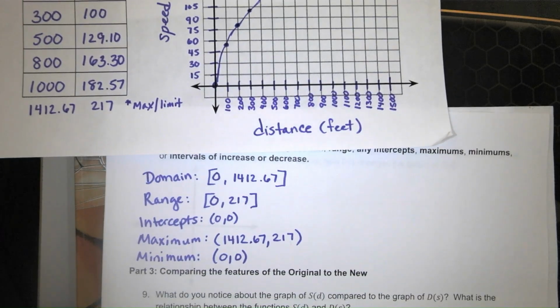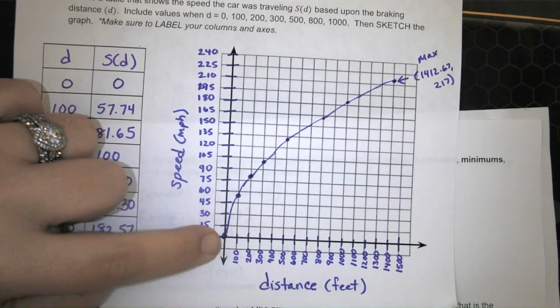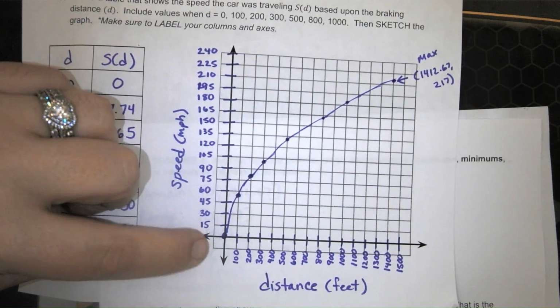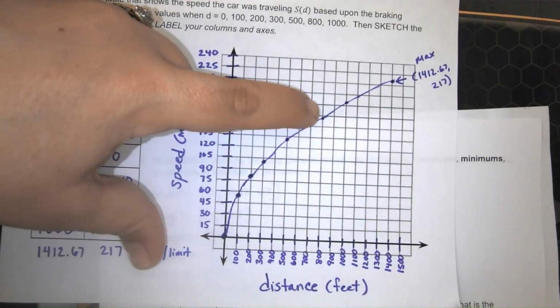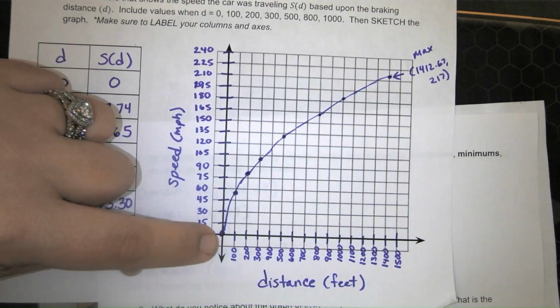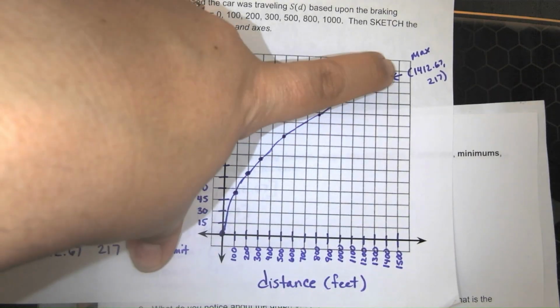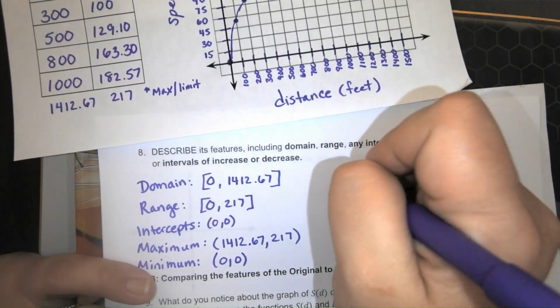And then intervals of increase and decrease. If we look at the graph, it's starting at 0, 0. It's going up. So it's going up quickly here. It's going up a little less quickly, kind of flattening out, but still increasing as I go all the way to the end. So it's increasing from 0 all the way up to 217. So it's increasing over our entire domain.